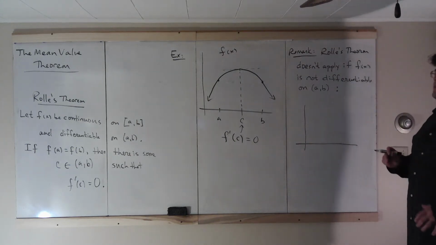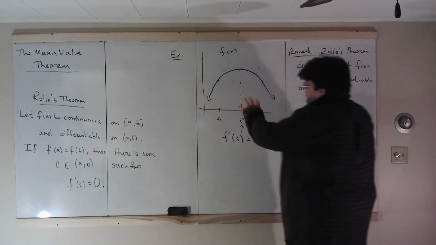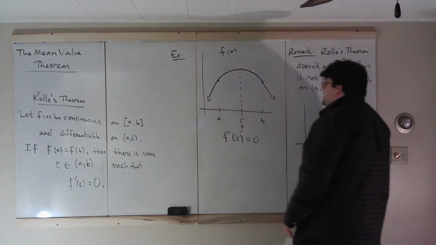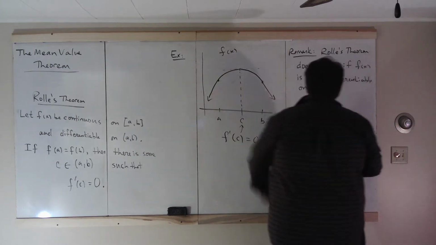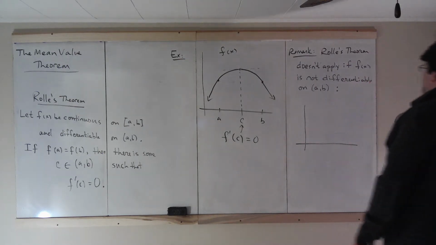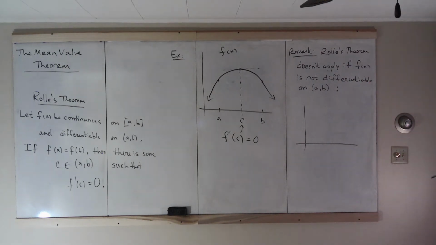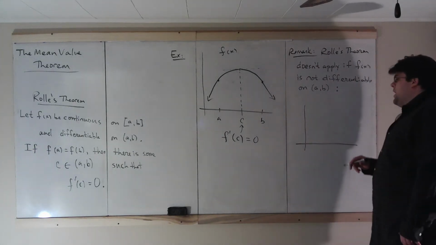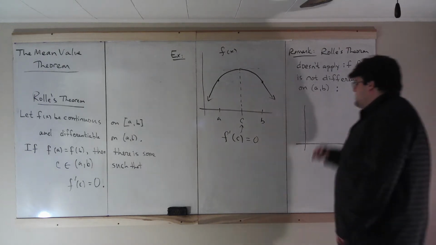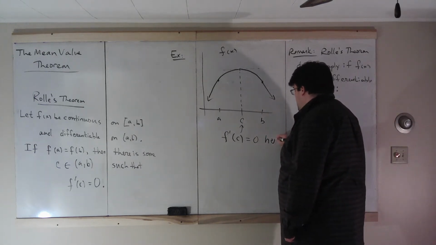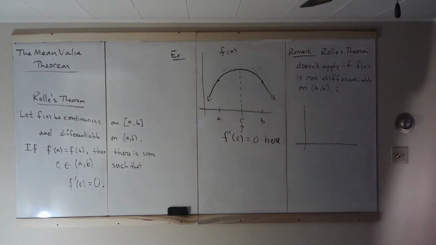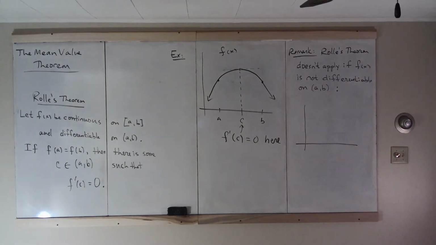Now, if it's not continuous, you could break apart the graph so that there's no point where the tangent line is horizontal, even though f of a equals f of b. But let's look at why it doesn't necessarily hold if the function is not differentiable. Here, f prime of c equals 0 at that x value.